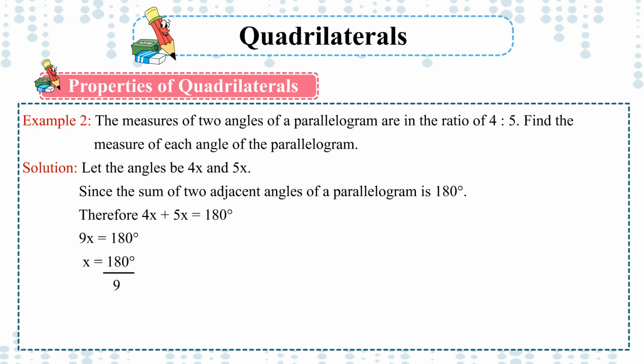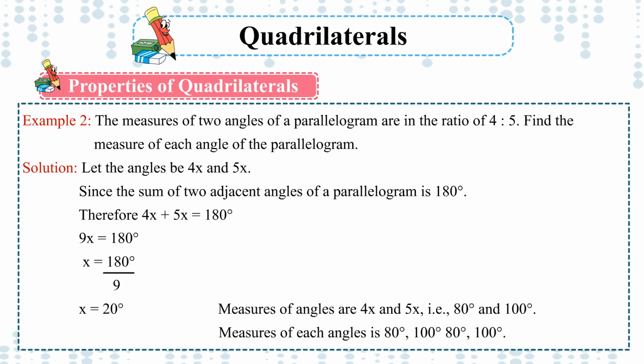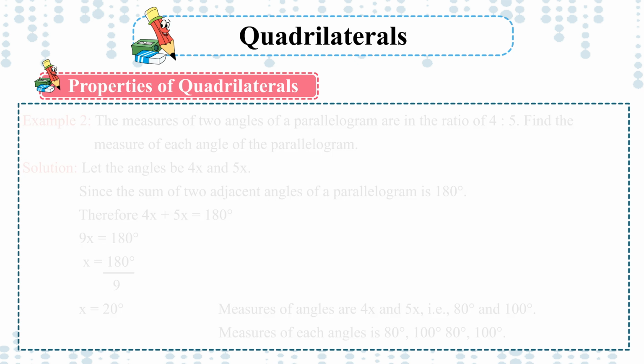X is equal to 180 degrees by 9. X is equal to 20 degrees. Measures of angles are 4x and 5x, 80 degrees and 100 degrees. Measures of each angle is 80 degrees, 100 degrees, 80 degrees, 100 degrees.